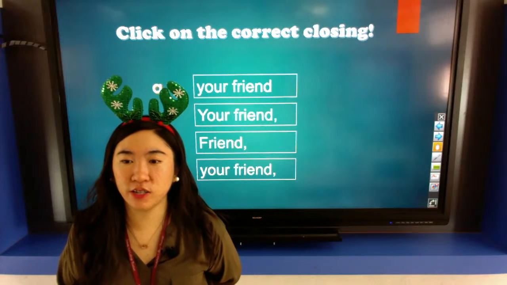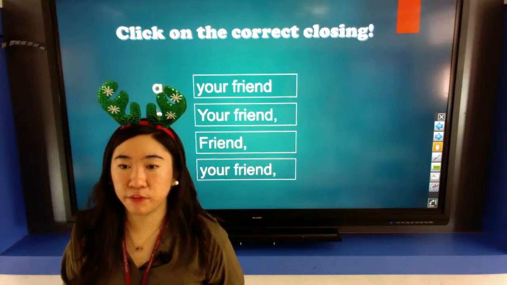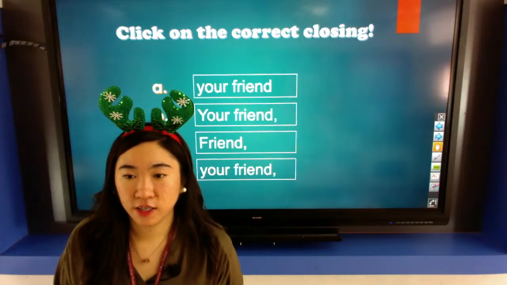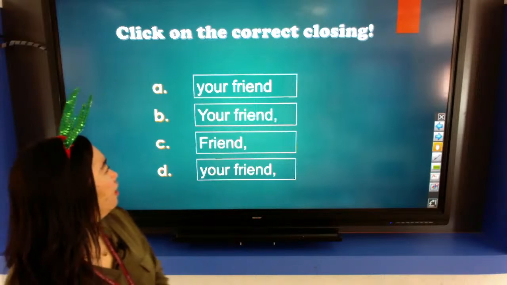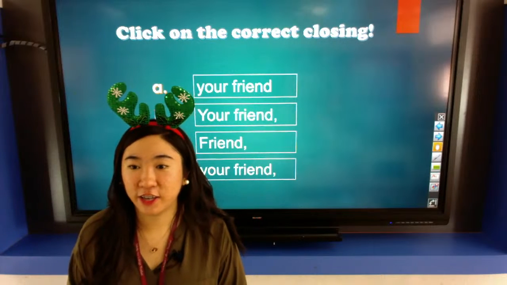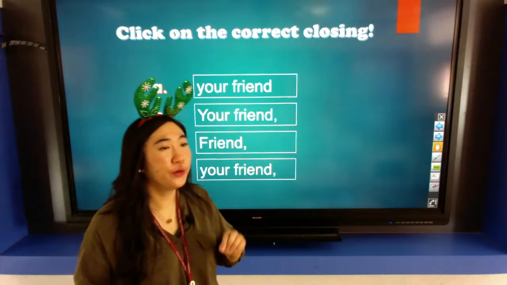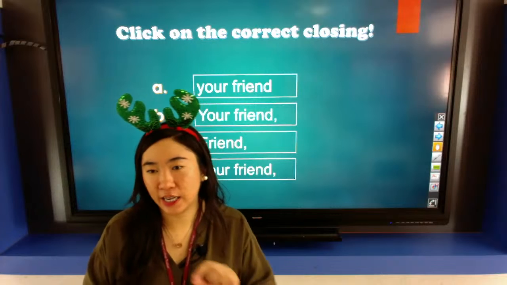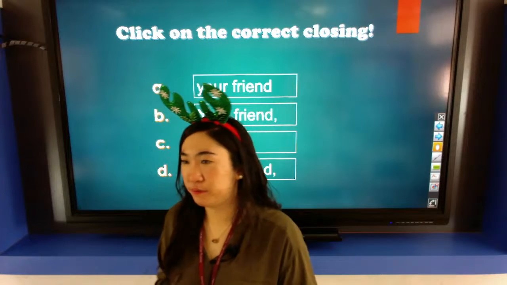Letter C, everyone is commenting letter C. Chanyeon, letter B. Atiwish, letter B. Okay, when you write the closing, you write the first word in a big letter and the second word in a small letter and end it with a comma.